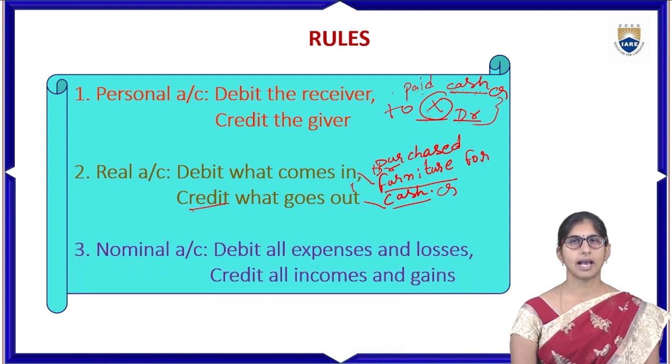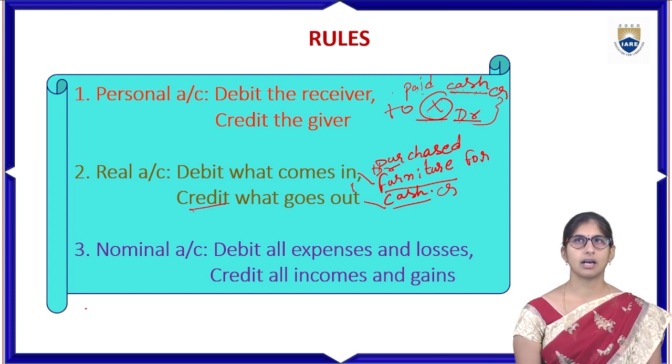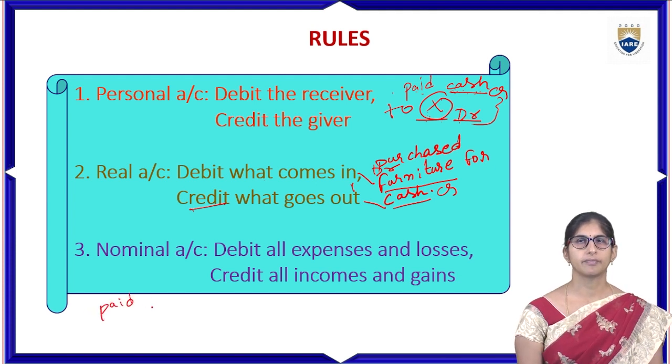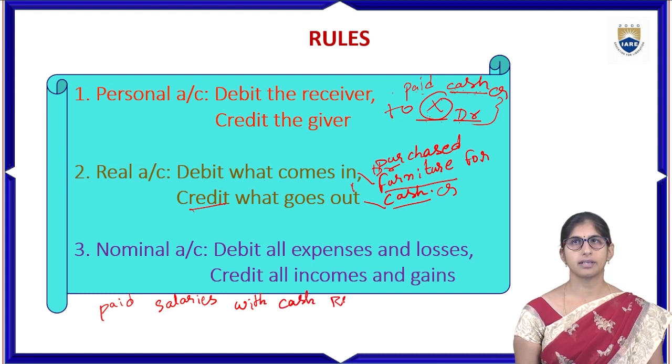And coming to the last one, that is nominal account. Nominal account means debit all expenses and losses, credit all incomes and gains. This is the third rule. So here I'll write another transaction, for example, paid salaries with cash, rupees 10,000.